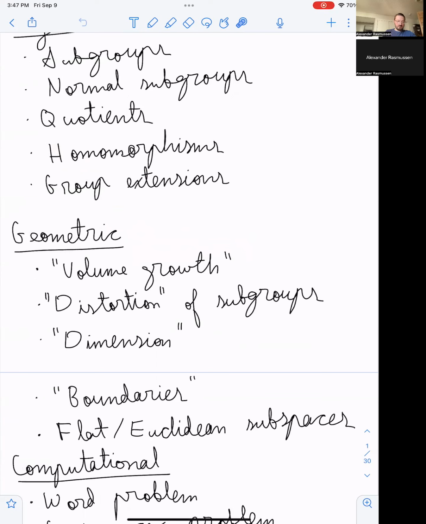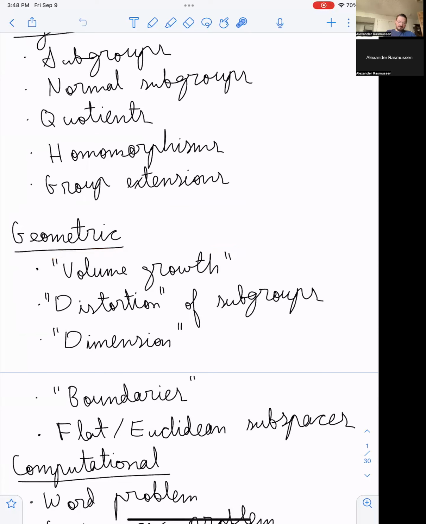Another perspective we'll see today, which I'll do a bit to explain, is a geometric perspective. So we can actually think of groups themselves as geometric objects. And after we've started thinking about them as geometric objects, we can start to ask basic questions about their geometric properties, like volume growth.